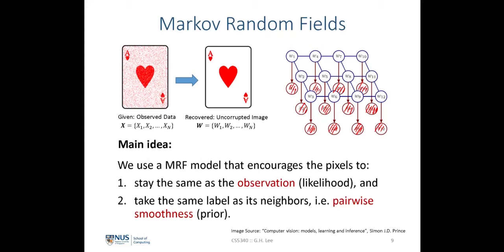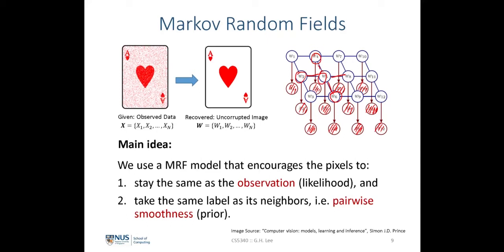What we can see here is that the final graphical model ends up being a Markov random field, where each one of these latent random variables is linked to its 4 closest neighbors, and we want to make use of this to enforce the pairwise smoothness prior in the uncorrupted image.